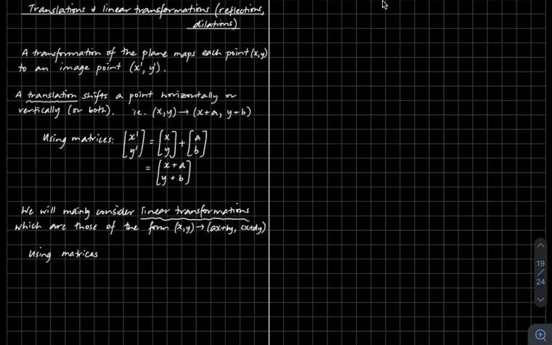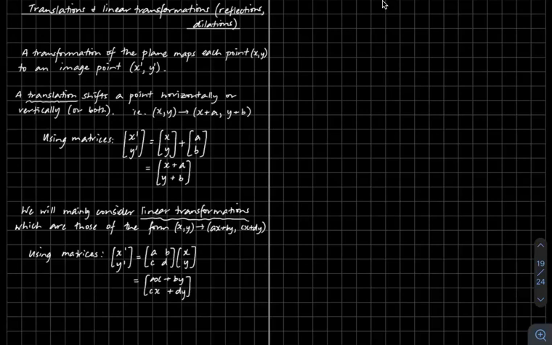So using matrices, we'd be saying the image point x dash, y dash is equal to some matrix A, B, C, D times the original coordinates, because that would equal AX plus BY, and CX plus DY. So there we have our image point x dash equaling AX plus BY, and the image coordinate y dash equaling cx plus dy.